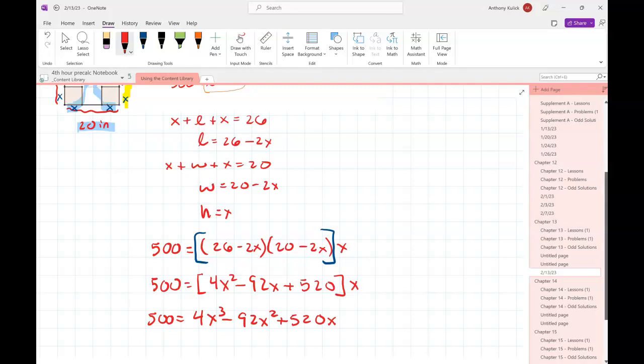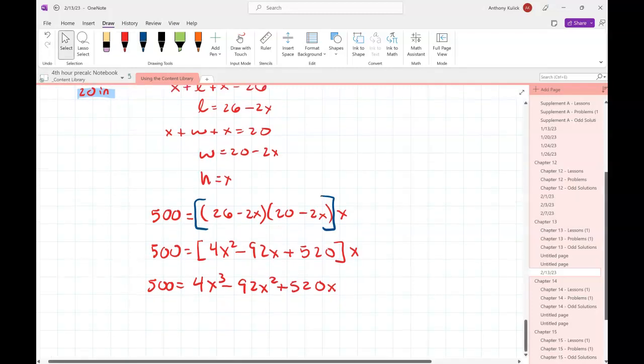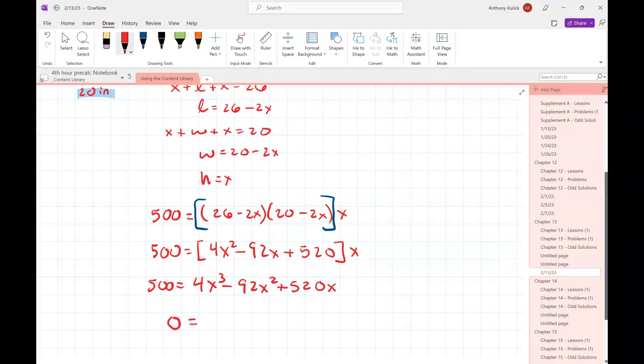In order to solve one of these polynomials, what does it have to equal? 0. So how am I going to make it equal 0? Subtract 500 from both sides. Right? Now notice that I have no constant term on the right side of my equation, so I just end up with like a minus 500 at the end.